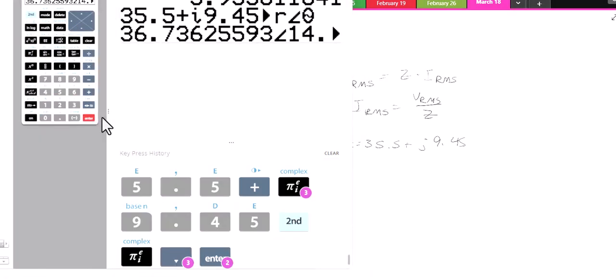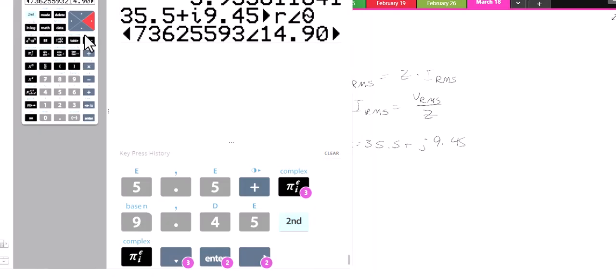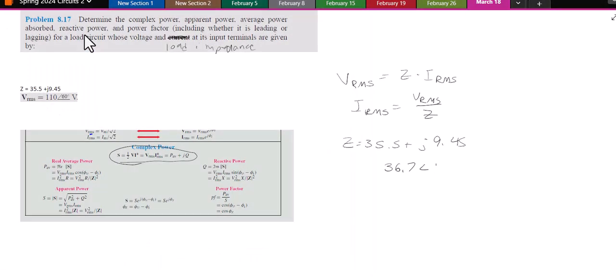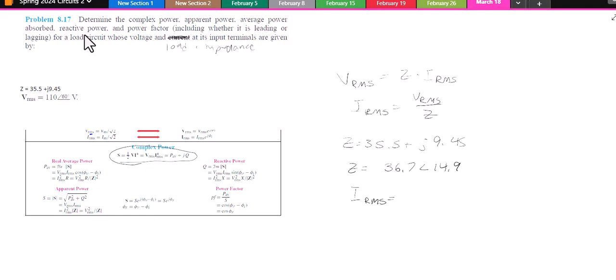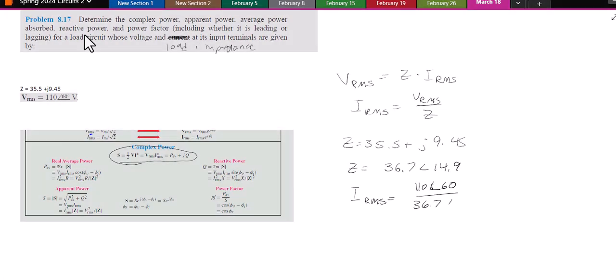So that is 36.7 angle 14.9. So I RMS equals 110 angle 60 over 36.7 angle 14.9.